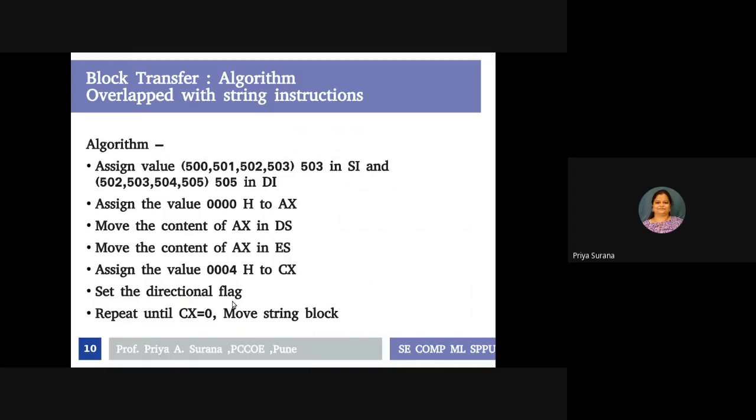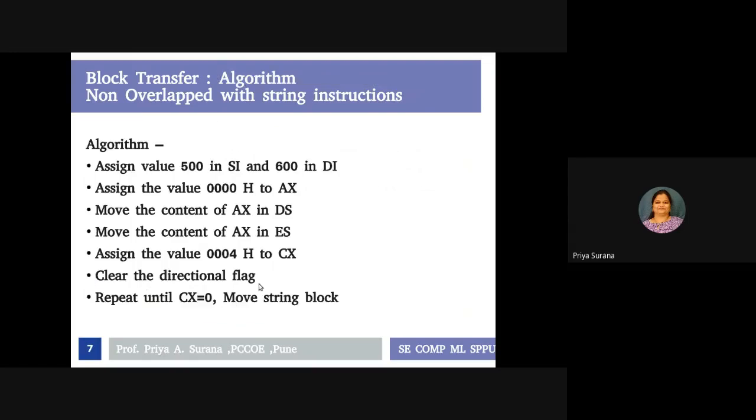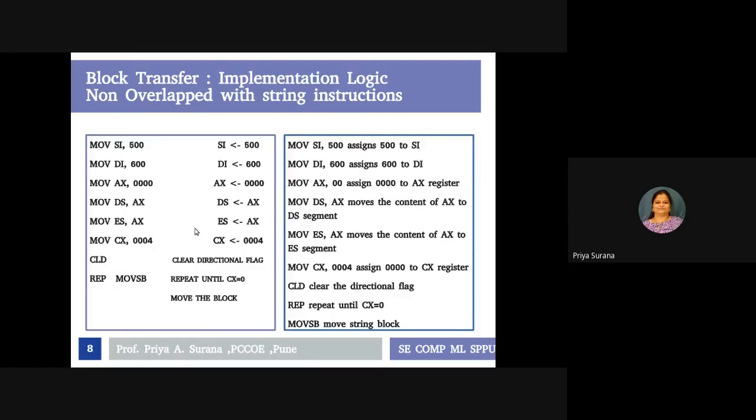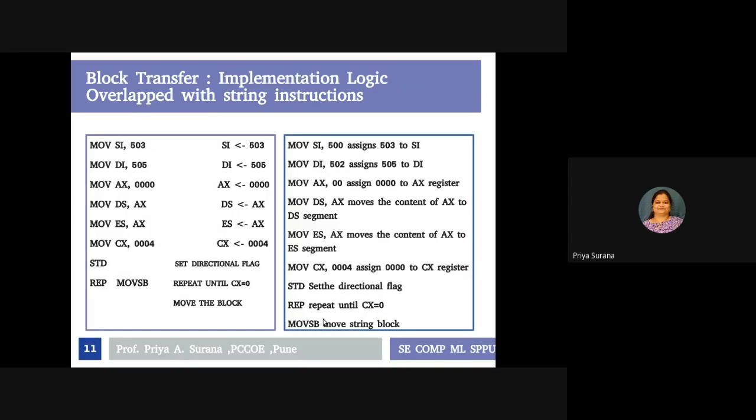Set direction flag. Prior to this, it was clear direction flag for non-overlap. But for overlap, set direction flag, as we are going to decrement SI and decrement DI. We want to decrement, that is nothing but in reverse order we will go. Repeat until CX becomes 0. Move string block. Check things.